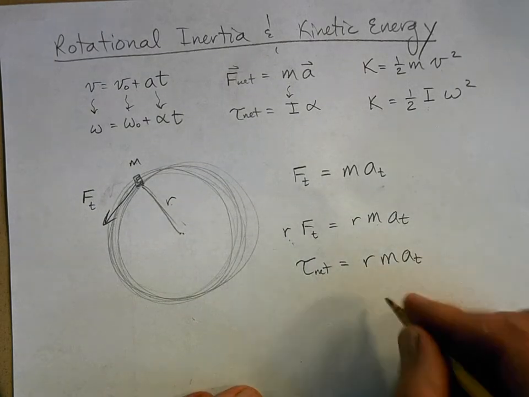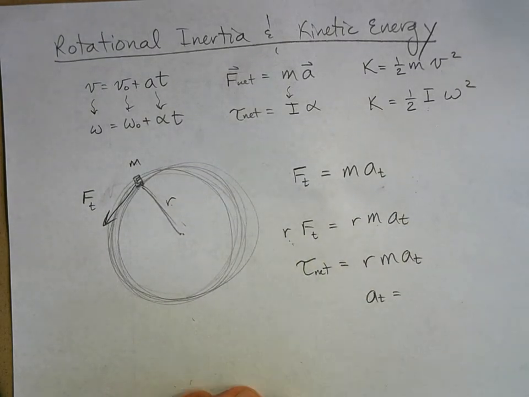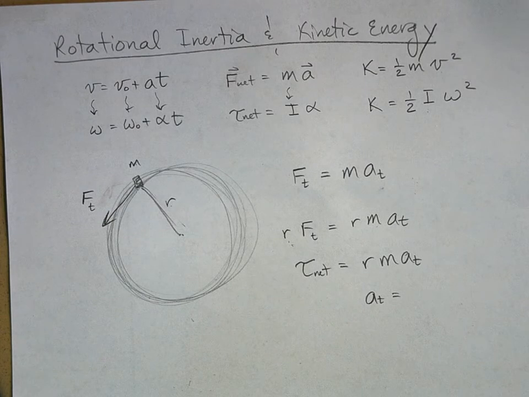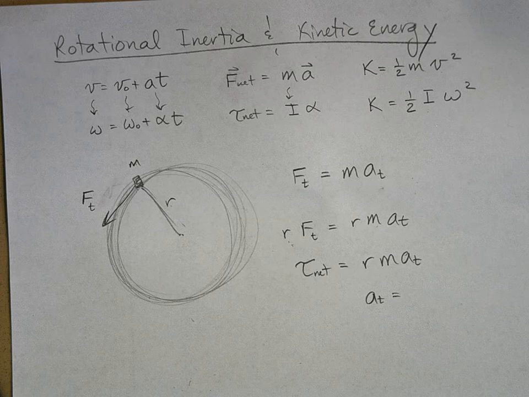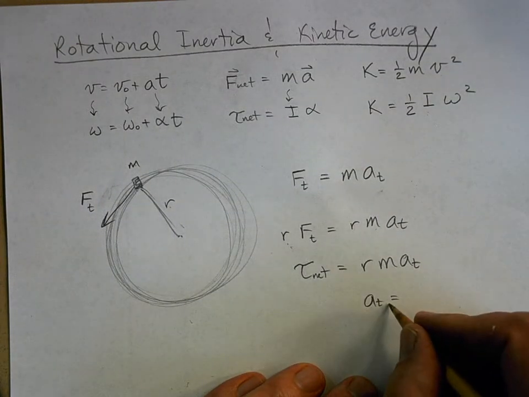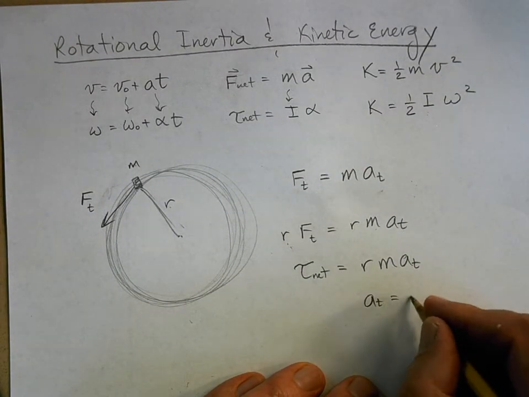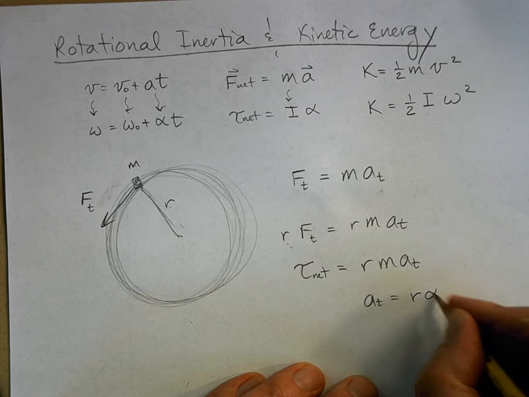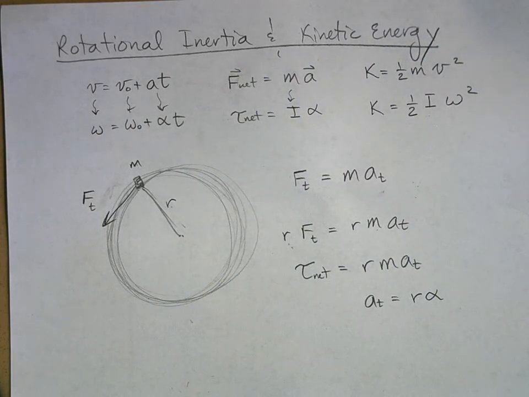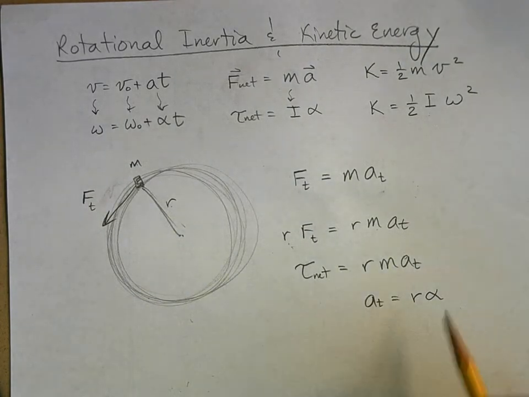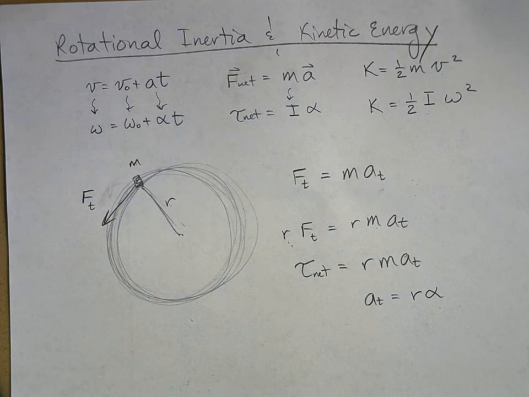But what is tangential acceleration equal to? You might not remember this, but if you look back in your notes a couple of days, the tangential acceleration is equal to r times my angular acceleration, where the angular acceleration is in radians per second squared. Hopefully you did the homework and practiced using those kinematic equations, and you understand what angular acceleration is.